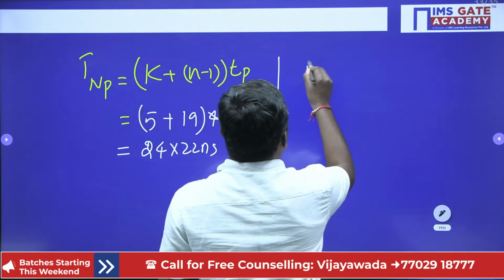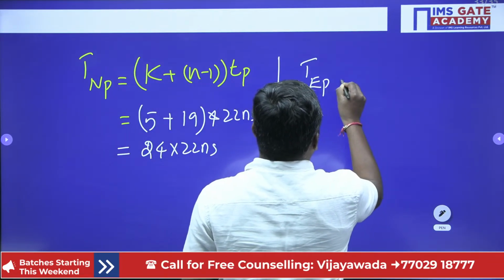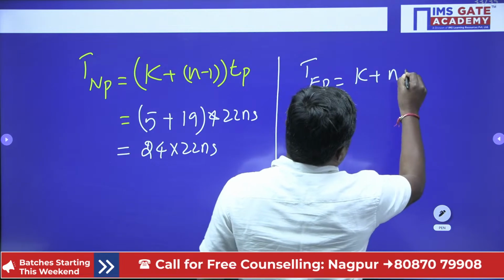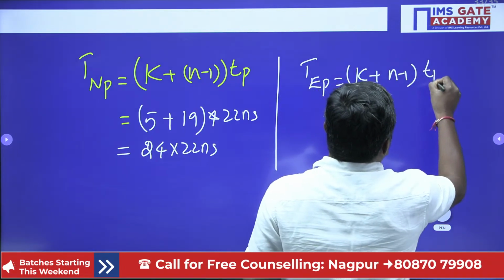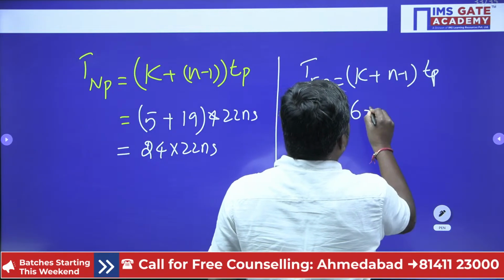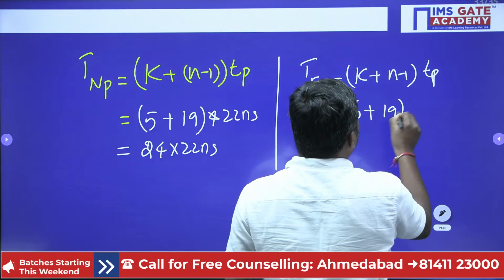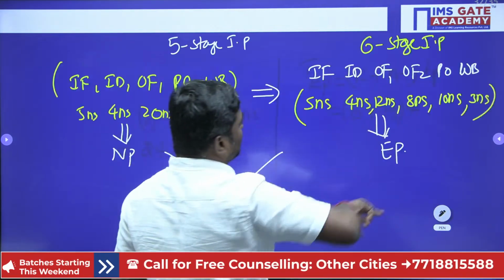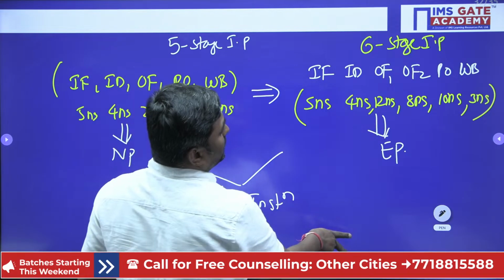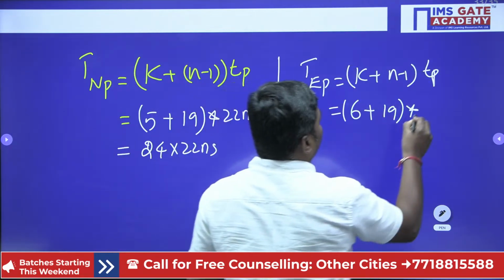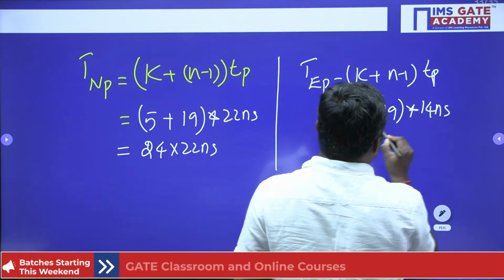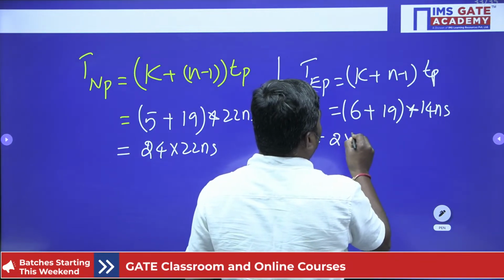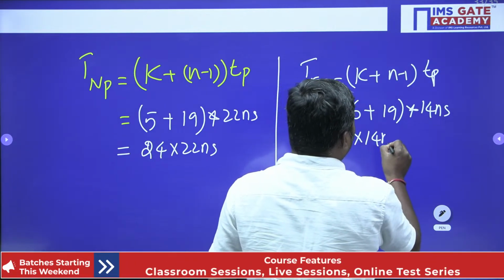Now the time for the efficient pipeline is again (K + N - 1) × TP. What is K here? 6 stages. So K plus N minus 1 is 25. What is the maximum stage delay here? In this case it is 12 nanoseconds. 12 plus 2, 14 nanoseconds. So this is 25 into 14 nanoseconds.